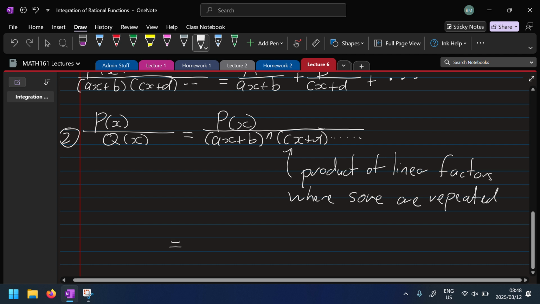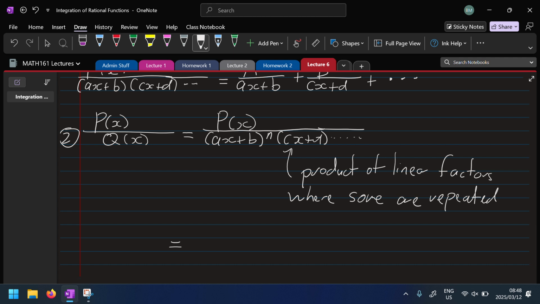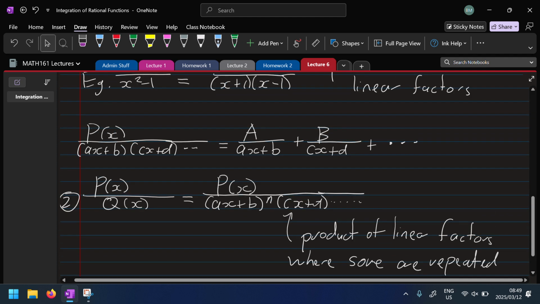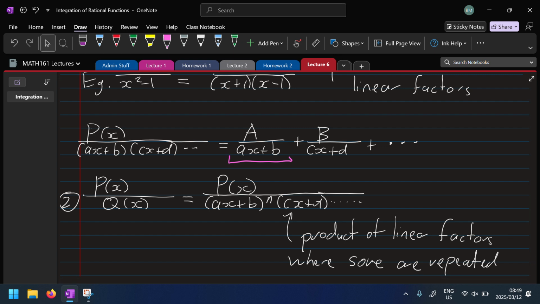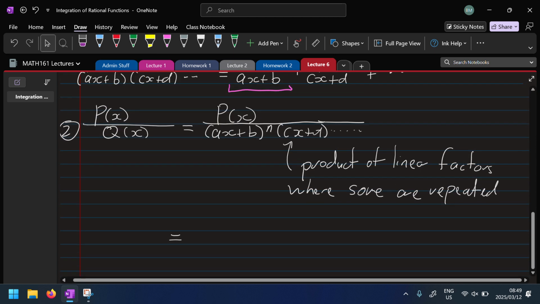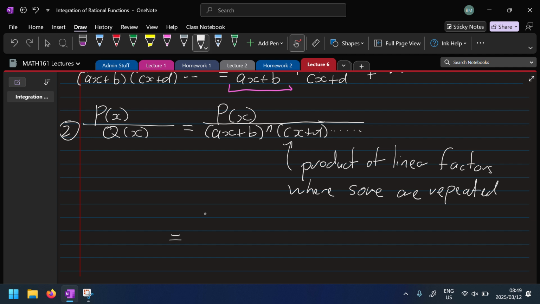So what we want is to write this as individual terms in the sum, but we need to handle that case of it being repeated. Now, when it's repeated, we do the following. Instead of just having one term like this, we're going to have n terms for each repetition. So here we have (ax plus b) to the n. We're going to repeat that n times in the following way.